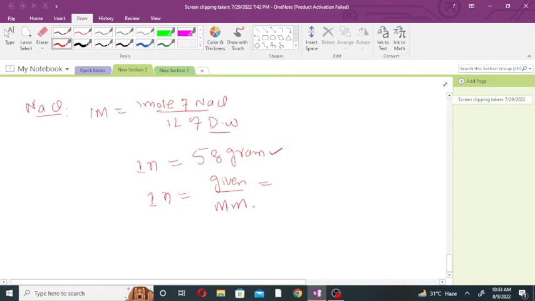Now what will be the given mass? The given mass will be equal to 1 mole multiplied by the molecular mass of sodium chloride. What is the molar mass or ionic mass of sodium chloride? So NaCl: the atomic mass of sodium is 23 gram and chlorine is 35 gram.